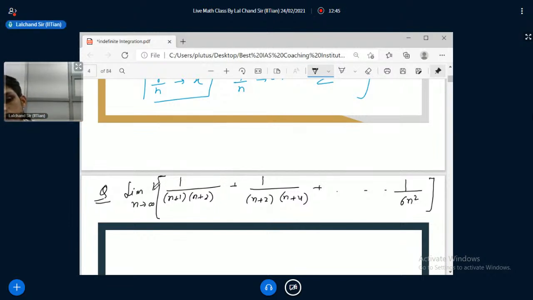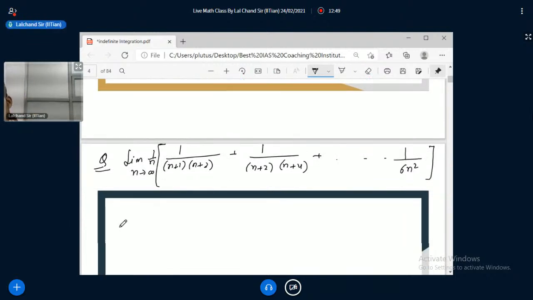Here outside there is a 1 by n. Okay, so if I write limit n tends to infinity, here 1 by n. If I check n plus 1, n plus 2, this is increasing by 1 each time. Here it is increasing by 2, 4, in this way. So can I write this as the sigma of 1 upon (n plus r)(n plus 2r), where r equals 1 to n?